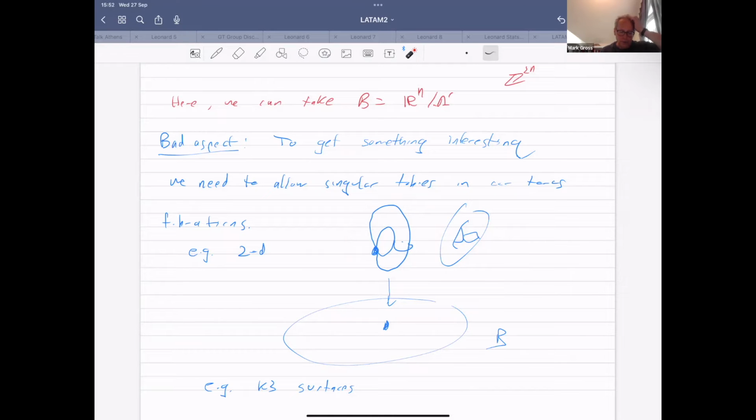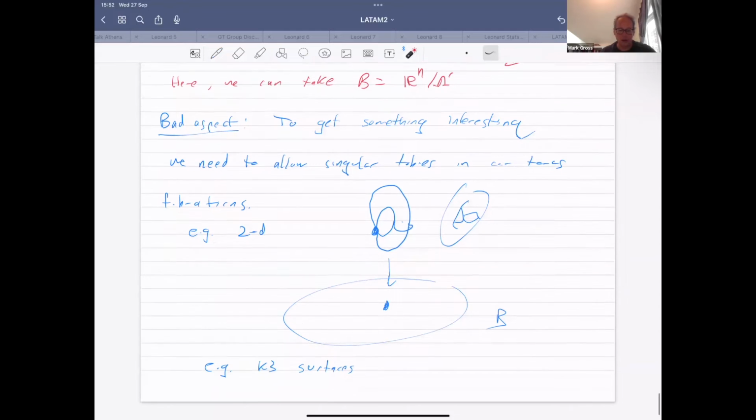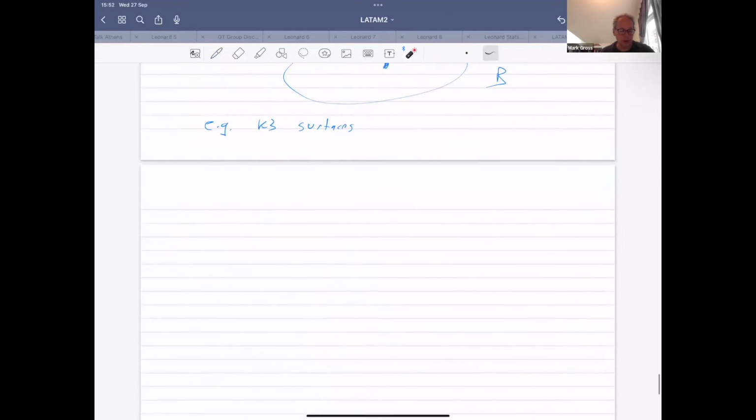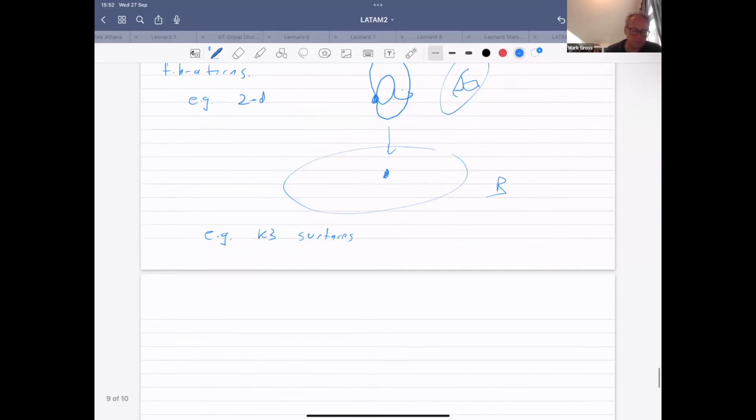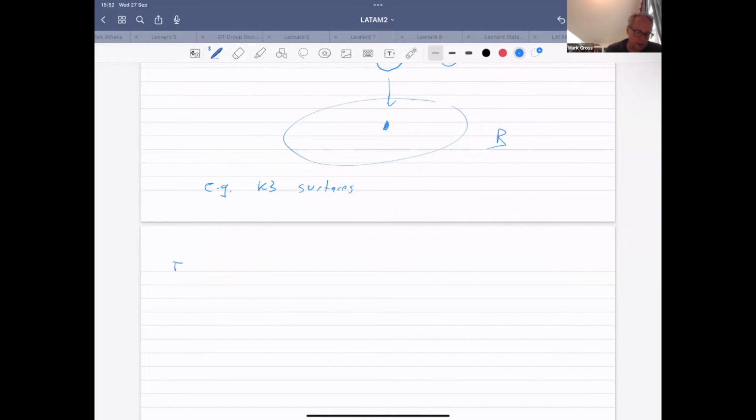Now I want to give you an example in 3 dimensions to show you how this can get rather a bit more complicated. Maybe after I do that example, we'll have a break. So, example: a 3-dimensional affine manifold with singularity.